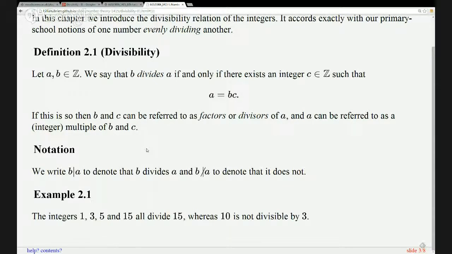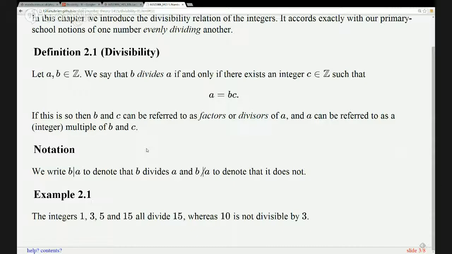Now, this causes some people trouble because they flip it around in their minds, or they interpret it incorrectly.